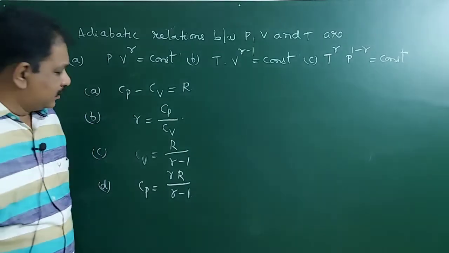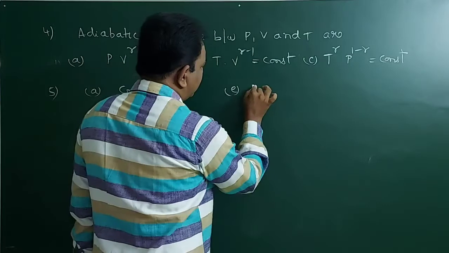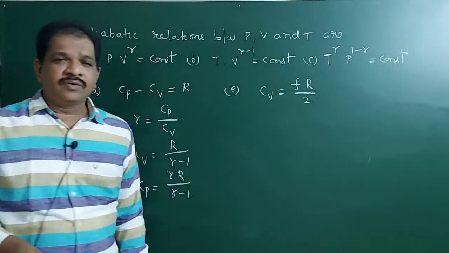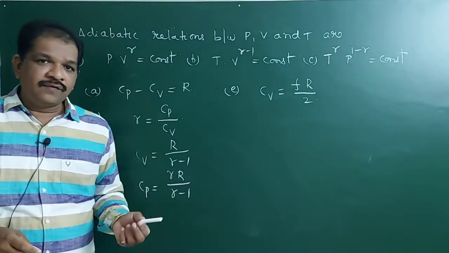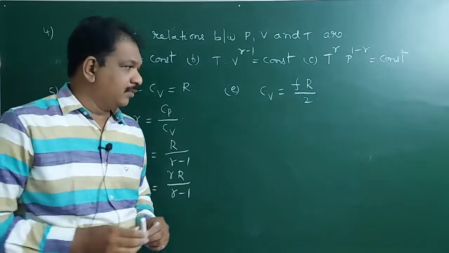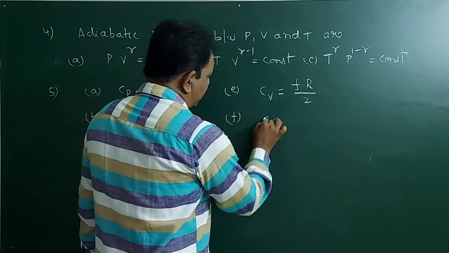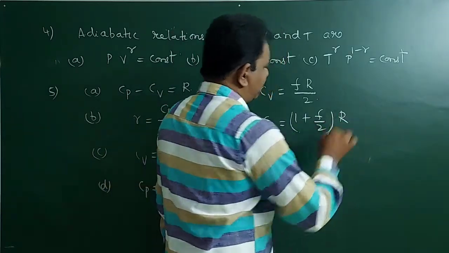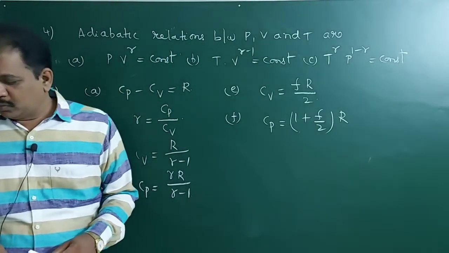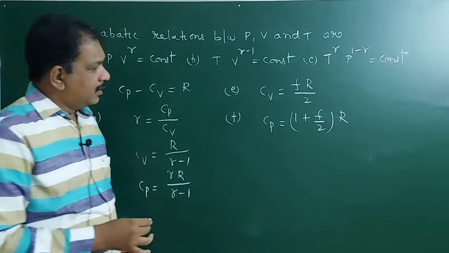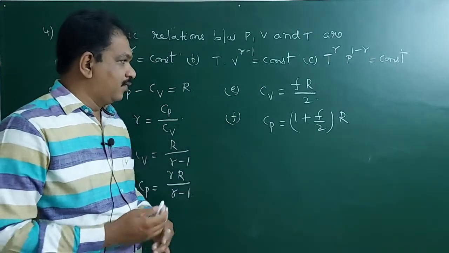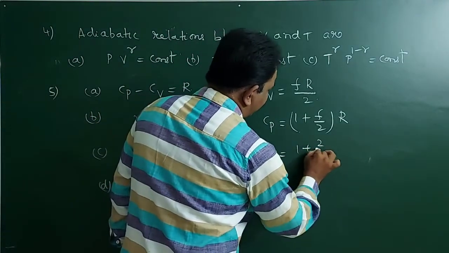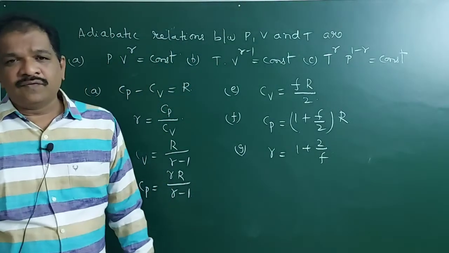Okay. Next, in terms of degree of freedom, Cv is equal to fR by 2. F is what? Degree of freedom. In terms of f, Cp value will be 1 plus f by 2 into R. And relation between gamma and f: gamma is equal to 1 plus 2 by f.